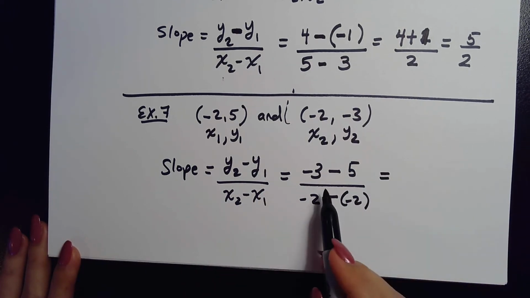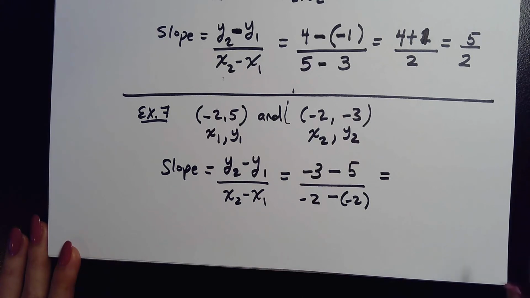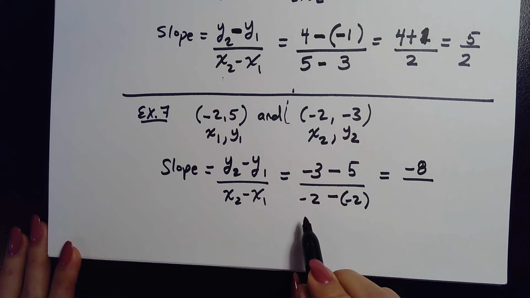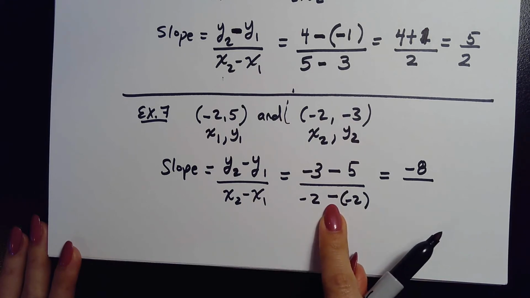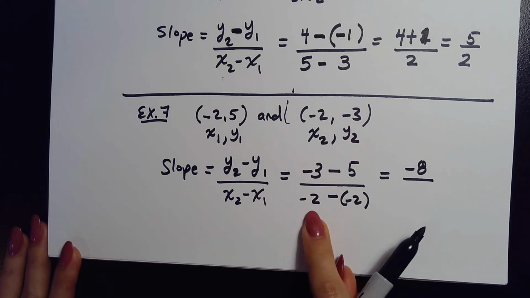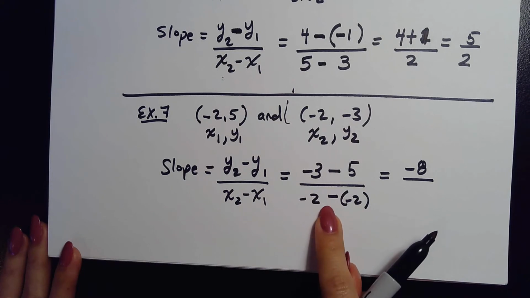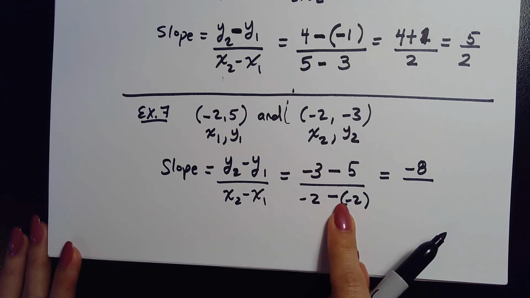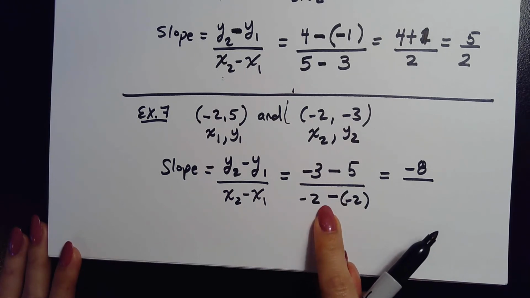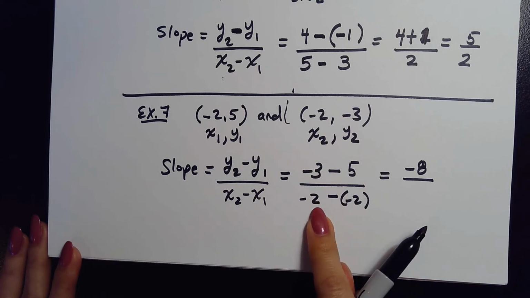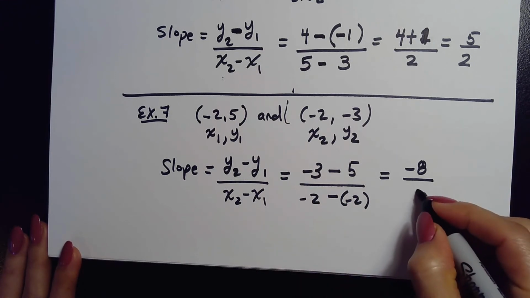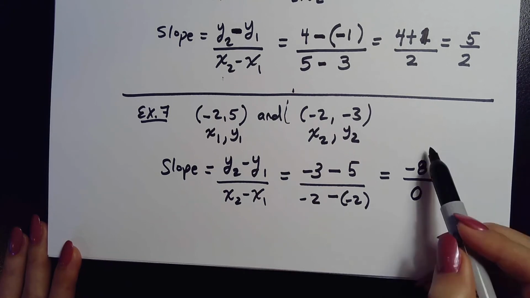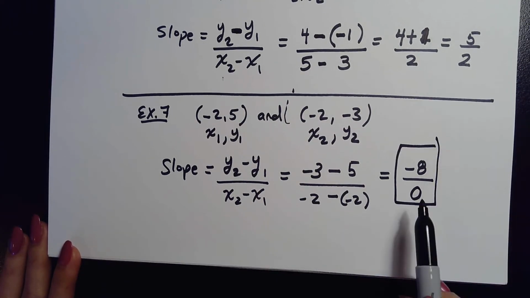Negative 3 minus 5 equals negative 8, divided by negative 2 minus negative 2. Remember that a negative and a negative together will be positive, so negative 2 minus negative 2 is actually negative 2 plus 2, which gives you 0. You need to be very careful here because you cannot have 0 in the denominator.